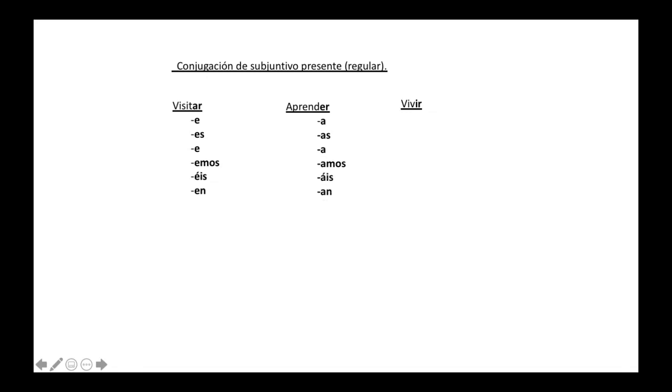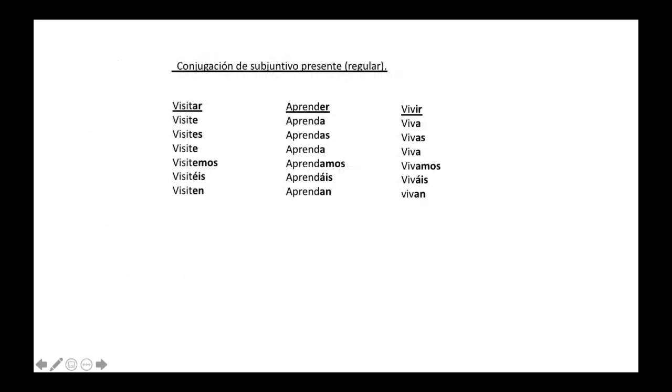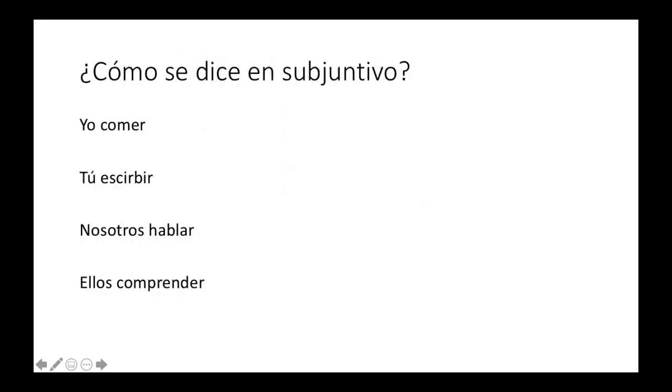Vivir: viva, vivas, viva, vivamos, viváis, vivan. Now, I won't go over all of these conjugations because we have limited time, but I want you to practice by yourself, reading the textbook and looking at this PowerPoint presentation.